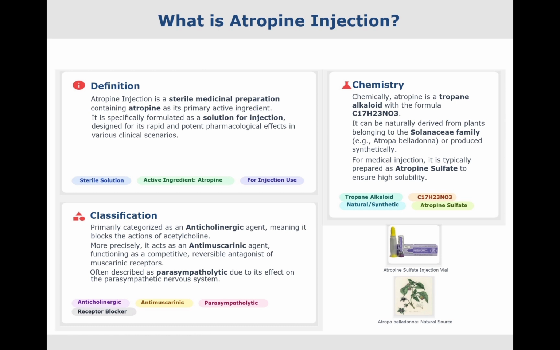For clinical use, it's typically formulated as atropine sulfate because this salt form significantly enhances its solubility in water, making it suitable for intravenous, intramuscular, or subcutaneous injection, and ensuring rapid systemic absorption.